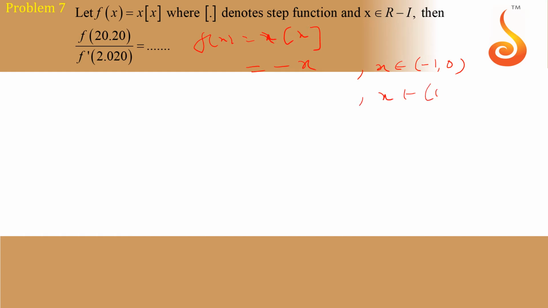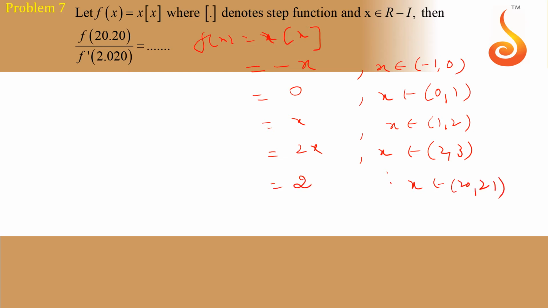Now if I take from 0 to 1, it is 0. If I take between 1 to 2, [x] will be 1, so 1 into x. Between 2 to 3, it will be 2x. And so on, if I say 20 to 21, it will be 20x. So the function is moving like that, with different expressions between two consecutive integers.